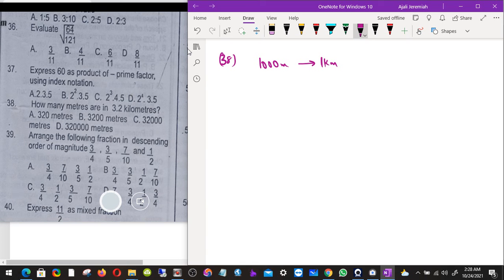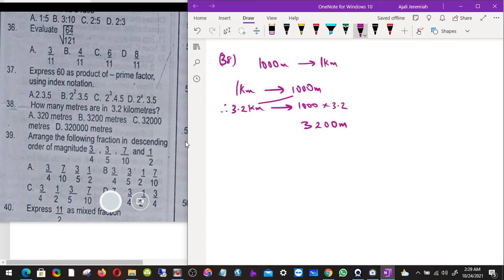So we can say 1 kilometer is 1,000 meters. Therefore 3.2 kilometers will be this times this divided by this, so that's 1,000 times 3.2, and that's 3,200 meters. Just multiply 3.2 by 1000, and that's option B.